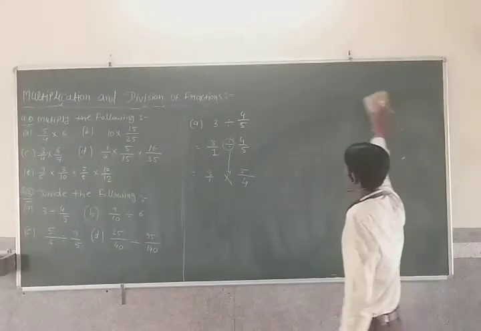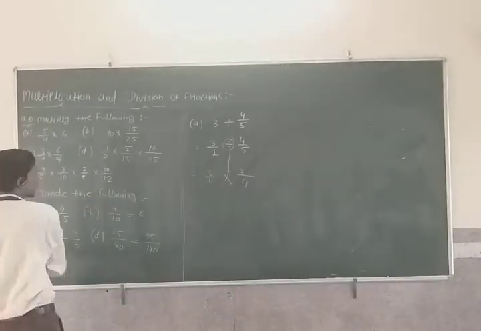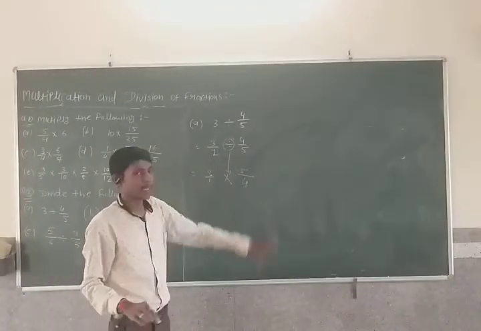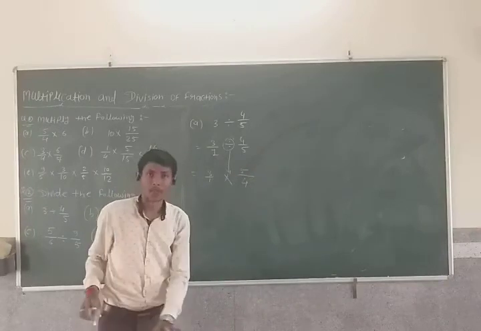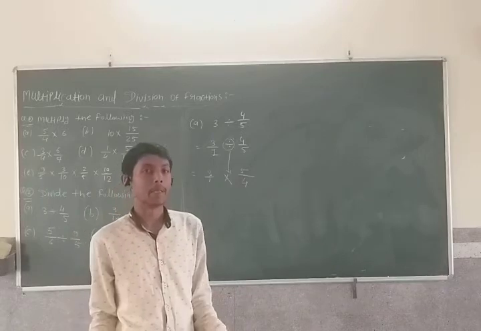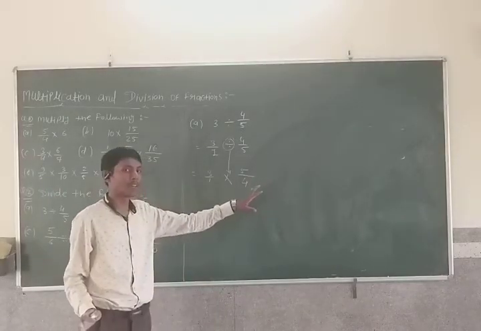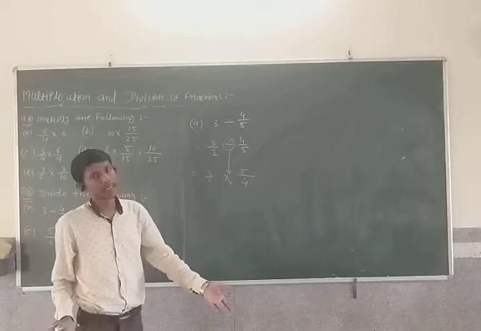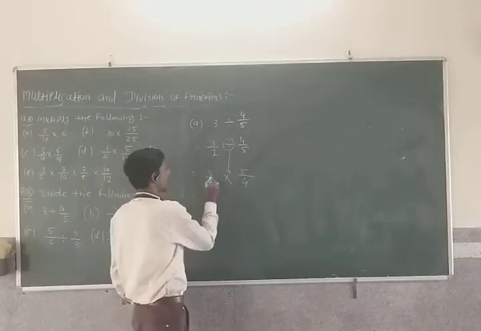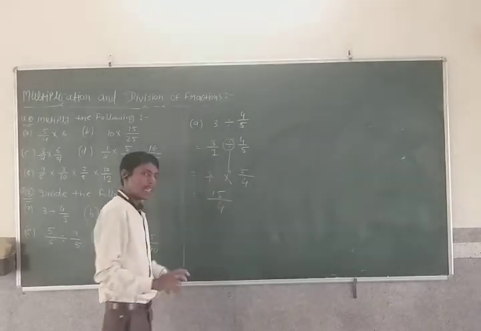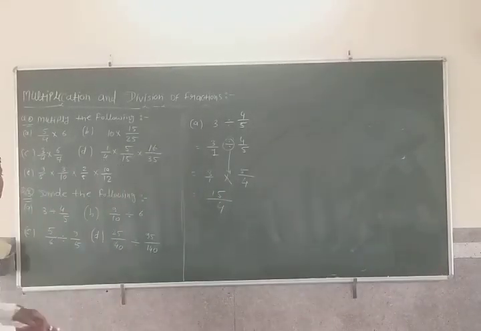So this divide will be written in multiplication form, and then the second number will be its reciprocal. Now the thing is the same as multiplication: whether we can simplify or not. If we can simplify, then do the simplification and then multiply. Okay, 3 5s are 15, 1 4 is 4, because here we cannot simplify.